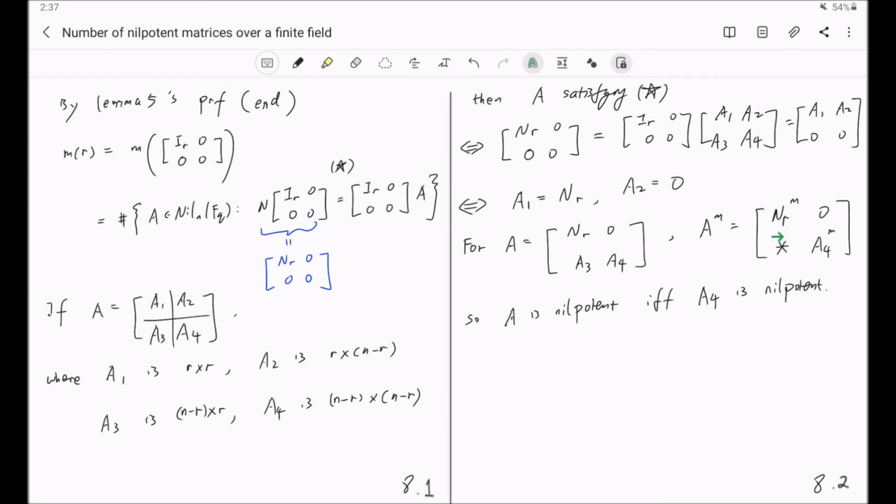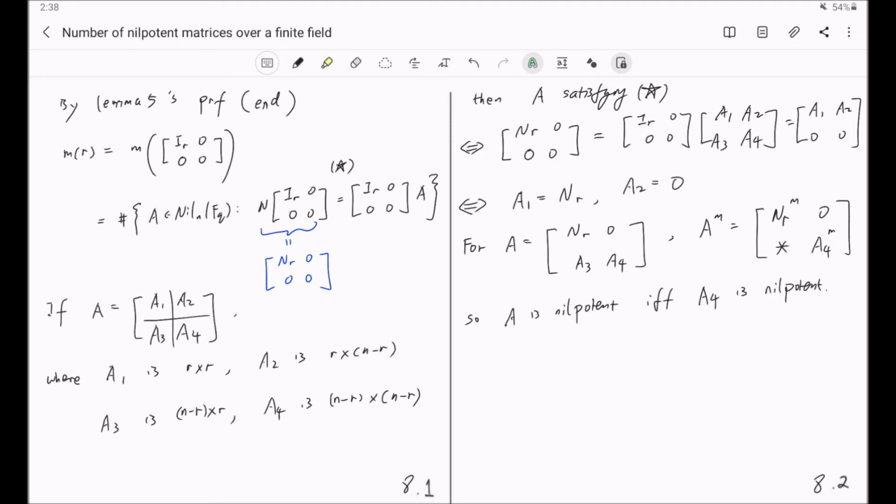But this will also vanish if you take this m to be sufficiently large, because this is strictly off diagonal. So it follows that after you take a certain power of A, this will vanish.